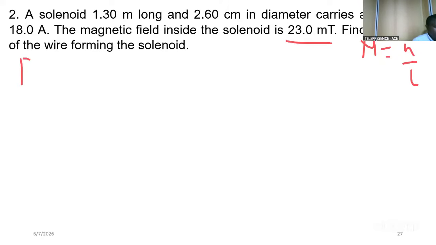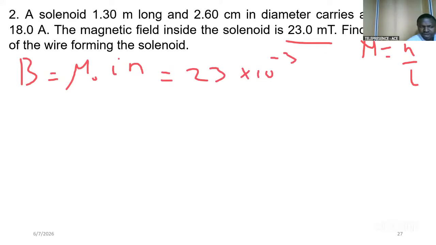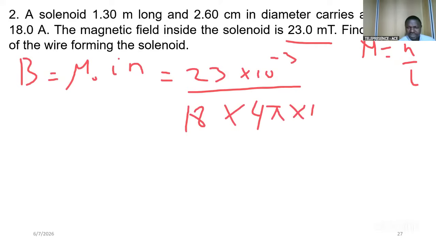Remember that B is equal to mu naught I n. So if we determine this one first, you are given the magnetic field, which is equal to 23 times 10 to the power minus 3, all over the current, which is 18 times 4 pi times 10 to the power minus 7.